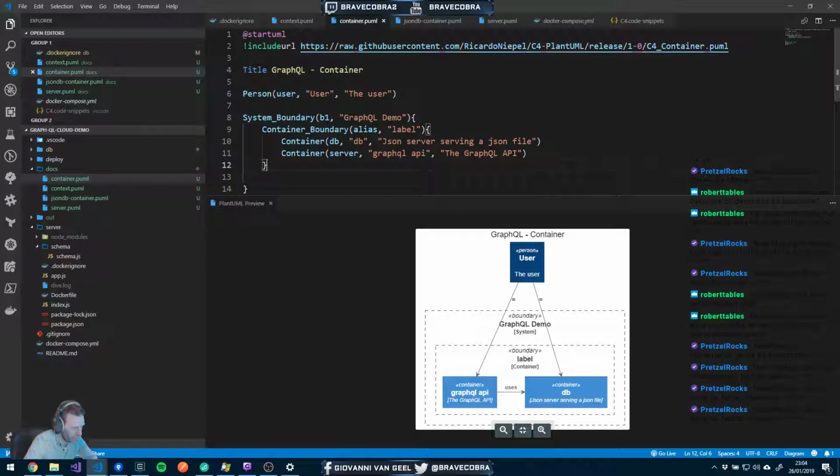User connecting to Graph API. Yeah, should we call it DB? Yeah, it's called DB here, so. Something like that? Sure. Okay.